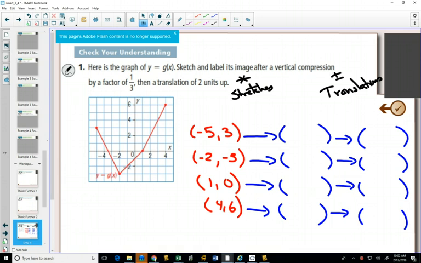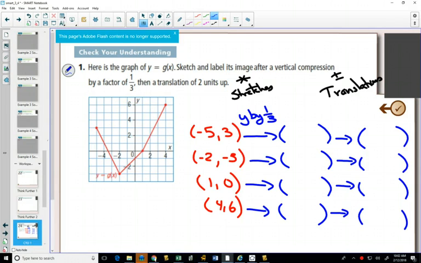This is where we're adding and subtracting things. We'll always do two separate arrows when we have many things to combine. So in this one, we want a vertical compression by a factor of 1/3. That means in our first arrow, the only stretch compression we have is multiplying y by 1/3.